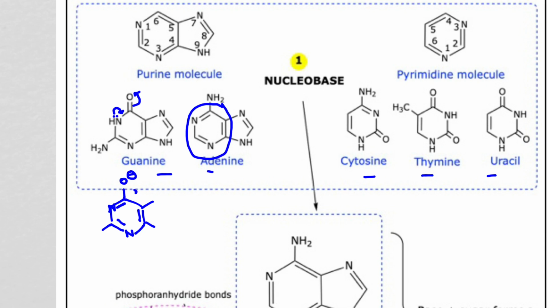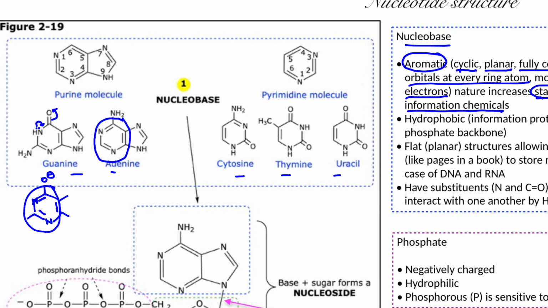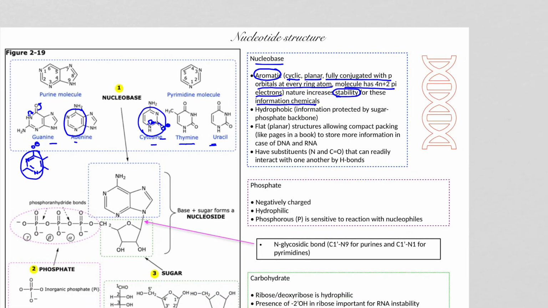So you can see this ring, one of the resonance structures, looks like benzene too. And similarly, you can do the same thing here, and you can see this will become a double bond, and this will become O minus, and that gives you a benzene ring structure in C, T, as well as U. So these nucleobases are very stable because of their aromatic nature.